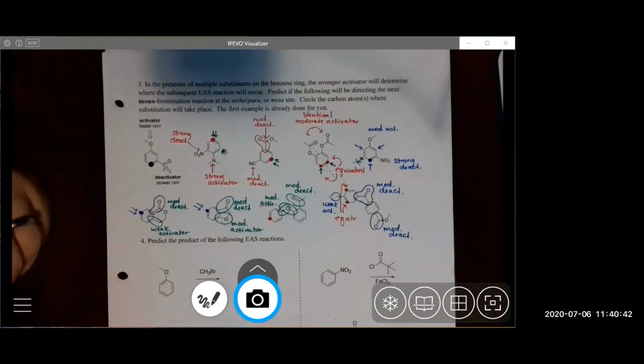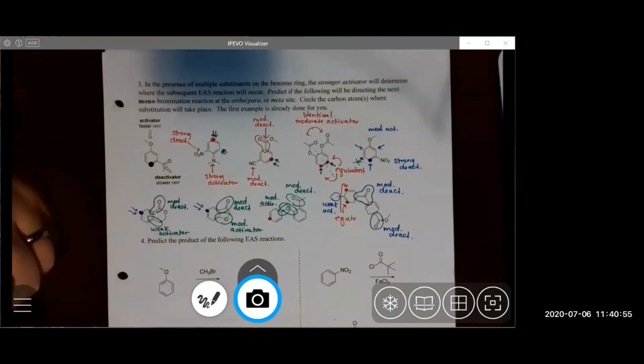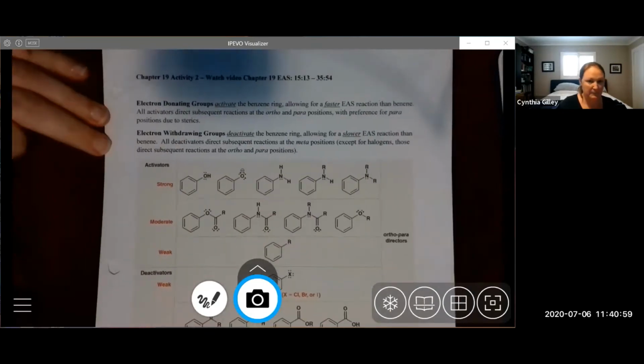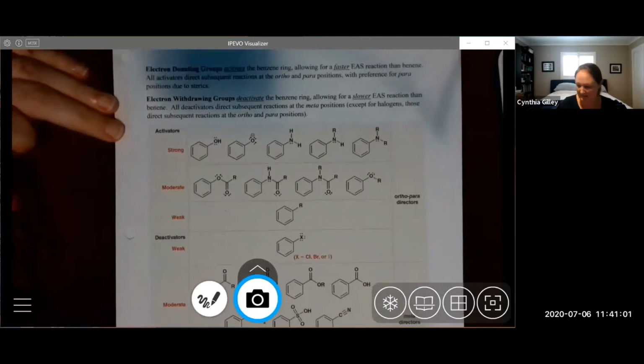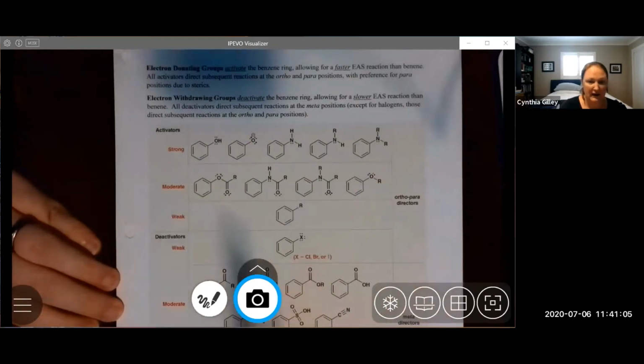Dr. Gilly, I'm a little confused on why the middle oxygen, the moderate activator, isn't a strong activator. Okay, let's go back to the chart. Technically, OR goes into the moderate activator.